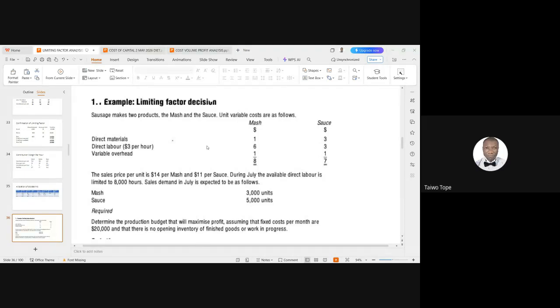Can I get another school of thought? Mr. Babajide, you were speaking, sir. From this data here, direct labor is $3 per hour, and under mash we have $6.